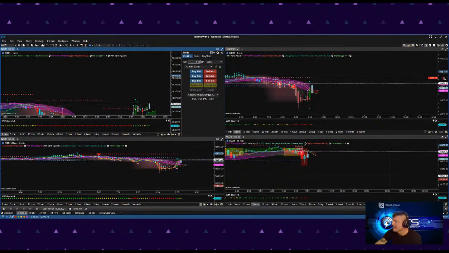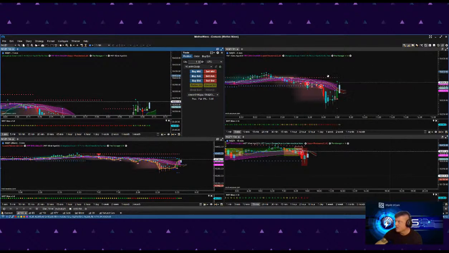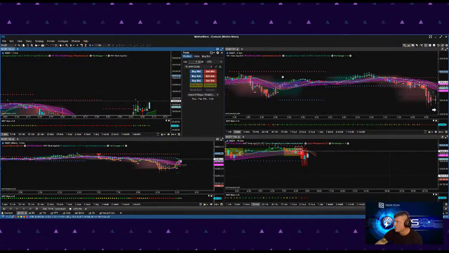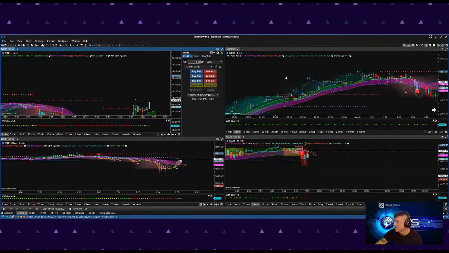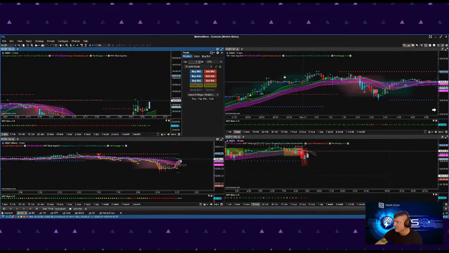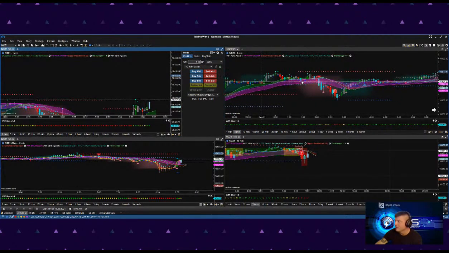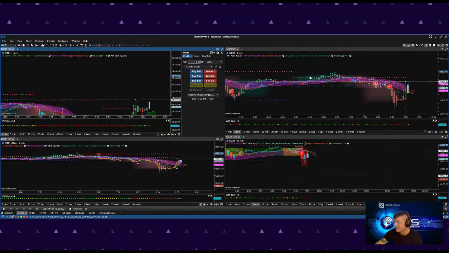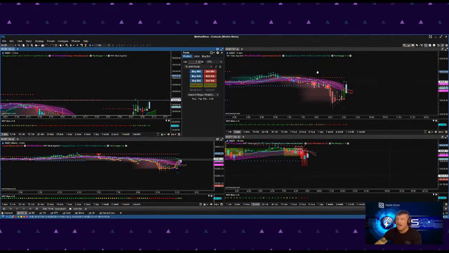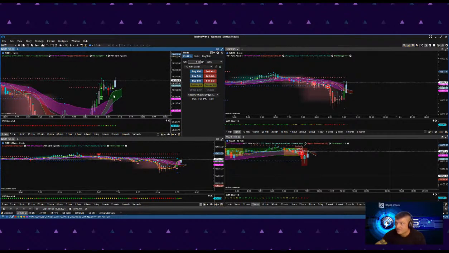I'm sorry, 80-ish. 80-ish is going to be the problematic one right there. As you can see over the course of the evening session, it really hurt. It was rejecting off of that a whole lot, right? But given whatever Powell is saying right now, we're not trying to figure out why it's doing what it's doing. We're just trading what it is doing, right?